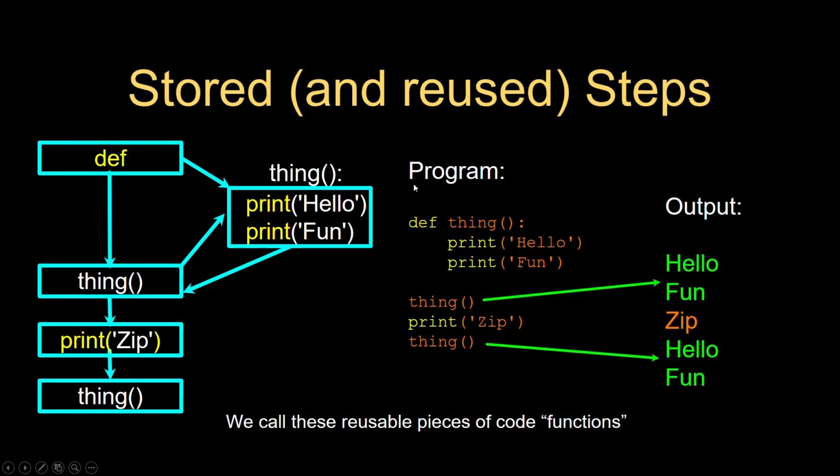So the program execution doesn't start at def. It will go past the function definition and start executing from after the definition of the function. Okay, so those lines will eventually be executed, but not at the beginning.